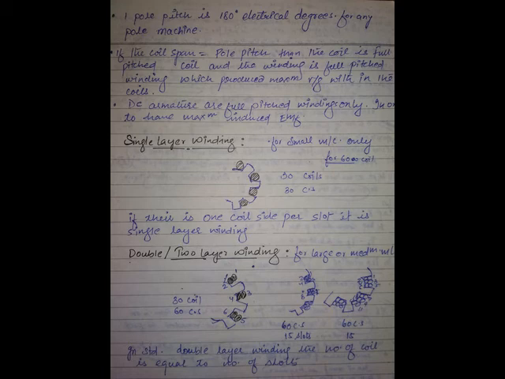Now, in this closed set of winding, the conductors can be arranged in single layer or double layer depending on the slots in the armature. Any type you can go for, right? Now, multiplex windings means you will have two or more independent sets of windings.